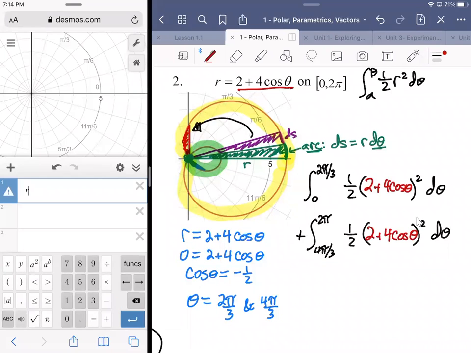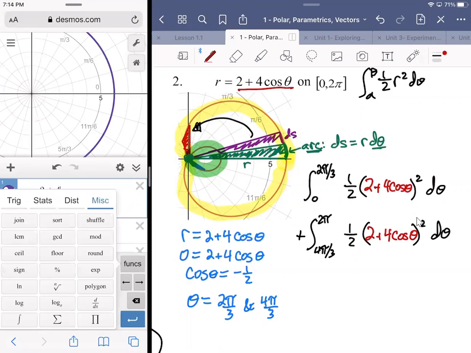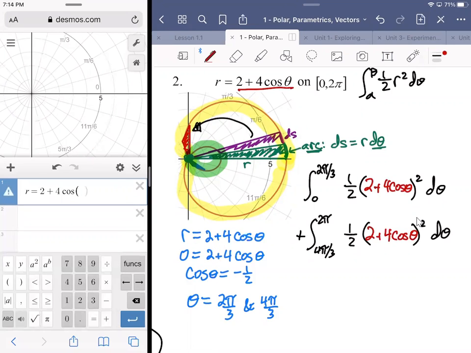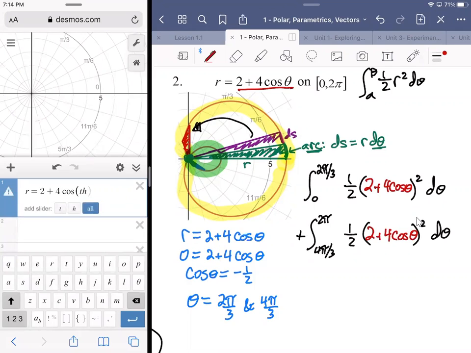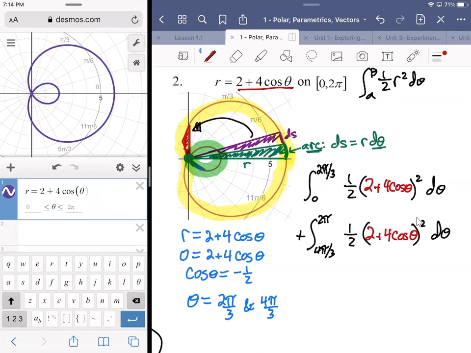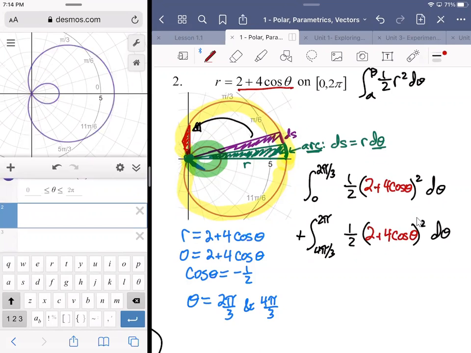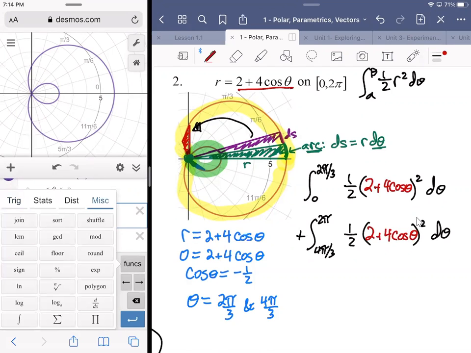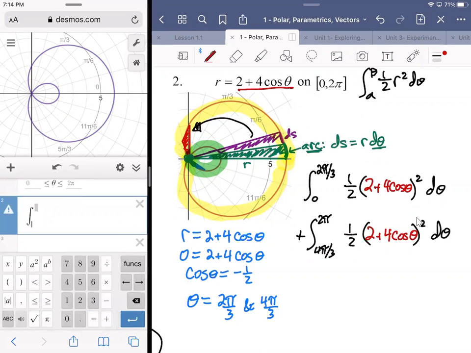I accidentally cleared out the thing that I didn't want to clear. I just wanted to scroll below, so I'm just going to type it right back in real quick: 4 cosine theta. All right, so I want to be doing the integral on the interval of 0 to 2 pi over 3.